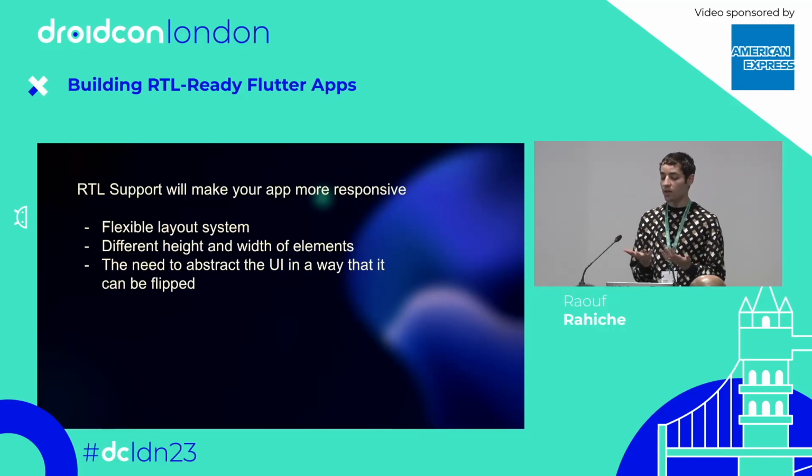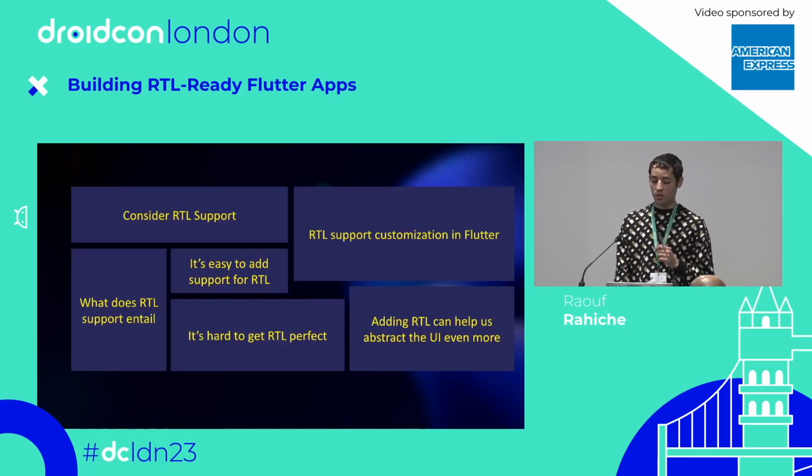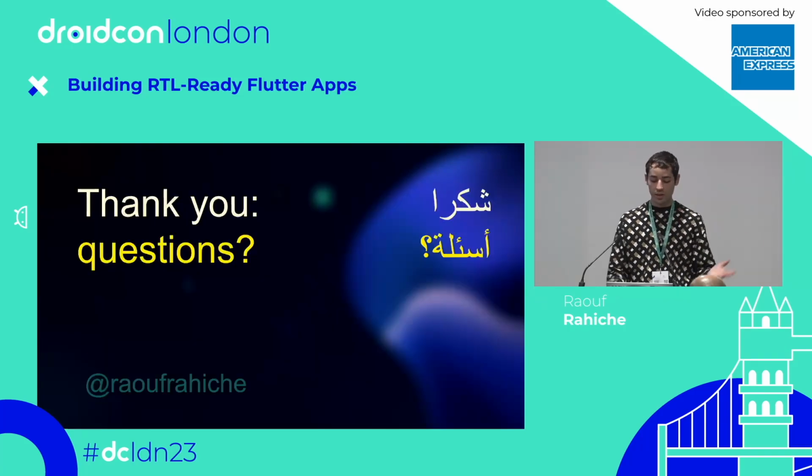That's just a side benefit, but whenever I create applications that target the right to left market, I always end up taking more care of abstracting the elements and doing better work on the layout. This is a summary, and that's it.